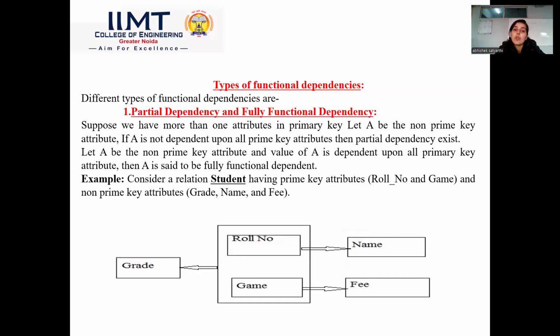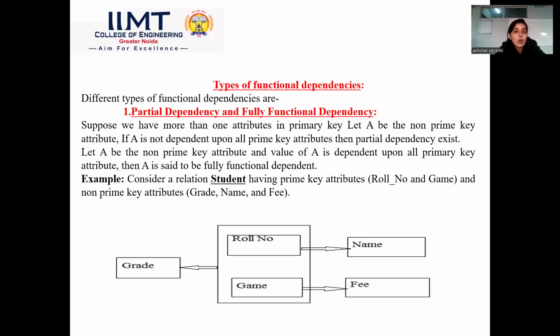Next is types of functional dependency. We have different types of functional dependency. The first type is partial dependency and the next one is full dependency. The name partial represents half, not complete, half of a particular dependency. Suppose we have more than one attribute in a primary key. Let A be a non-prime attribute.